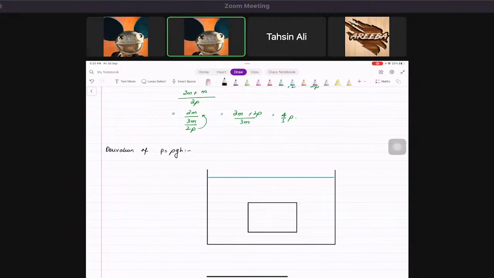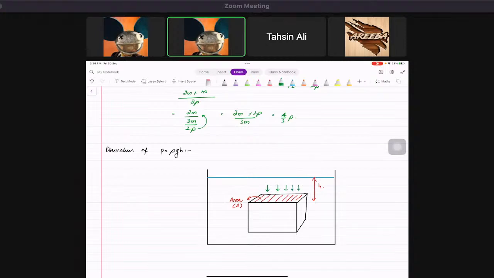So the object of course has some area on top as well. We're saying that this part is the area A, and the height is h, and of course on top of it the water is exerting pressure.